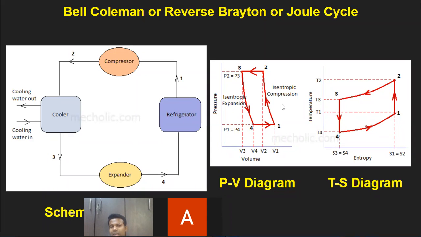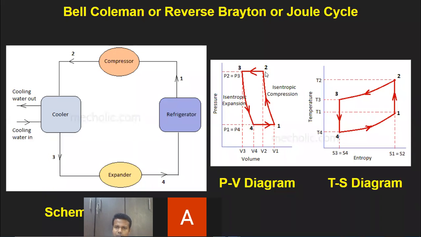Whenever the air gets compressed, its temperature also increases. That is the reason why I am moving from point 1 to point 2 in the upward direction, because it's a compression.